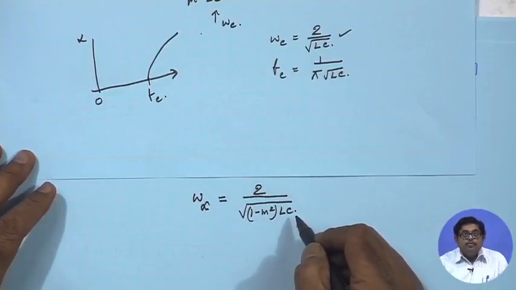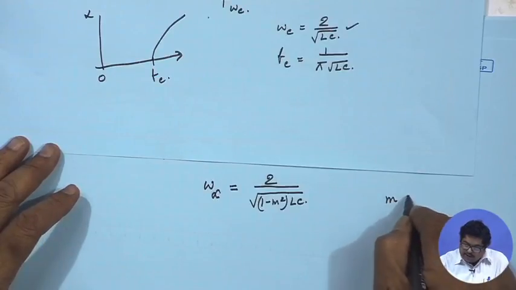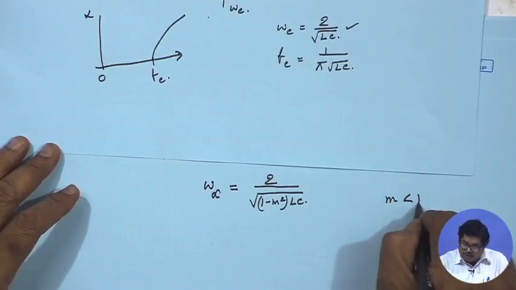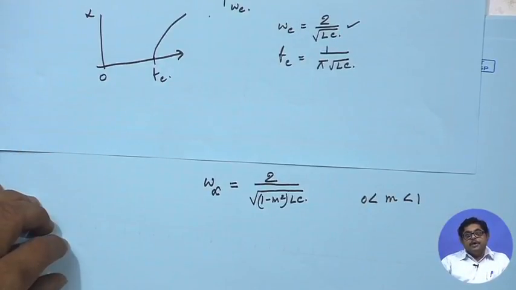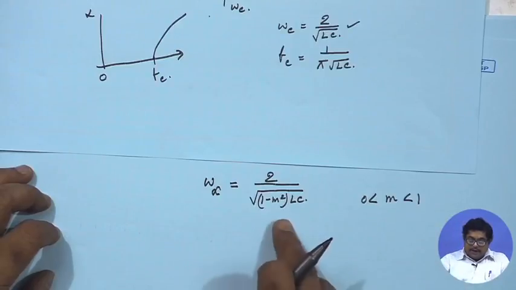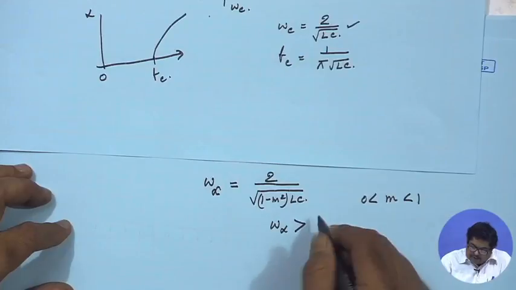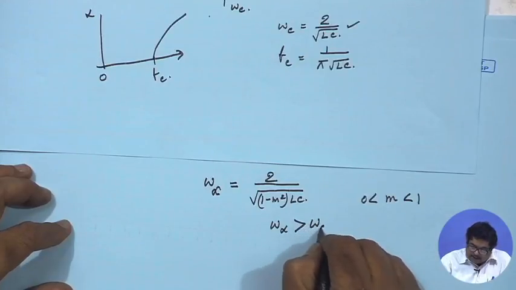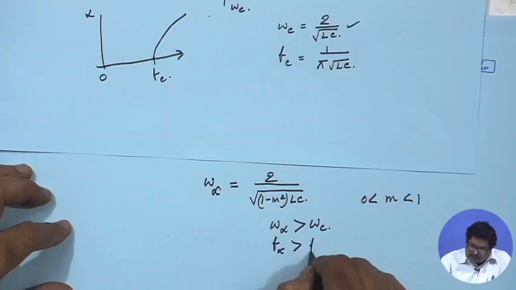So, m is a parameter that I will choose, I will keep it within 0 to 1. It is in my hand, the designer's hand. If I keep it like this, then omega infinity is greater than omega c, or f infinity is greater than f c.